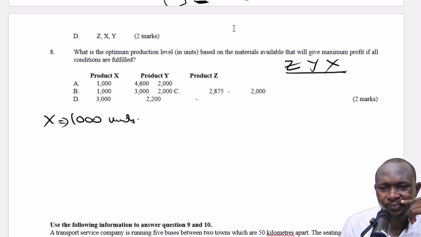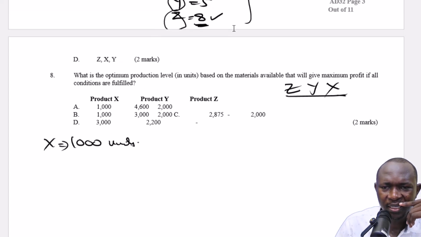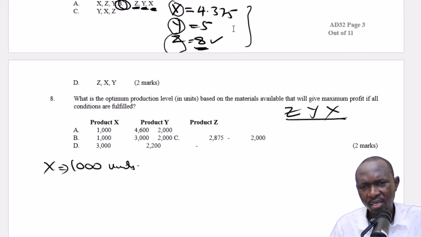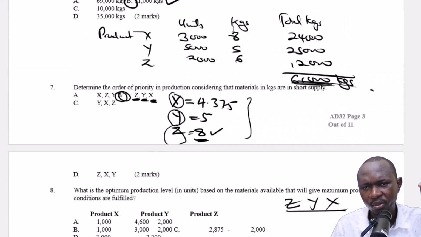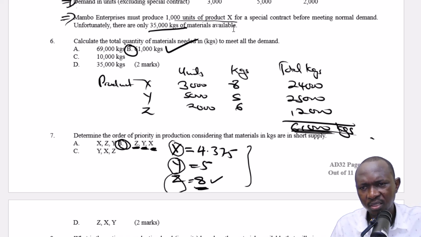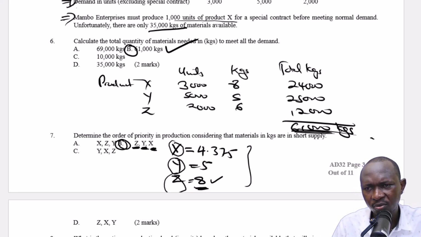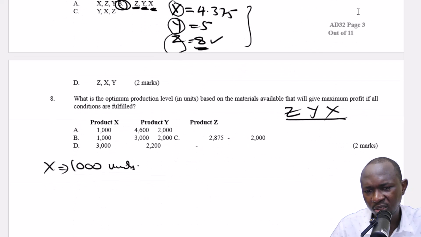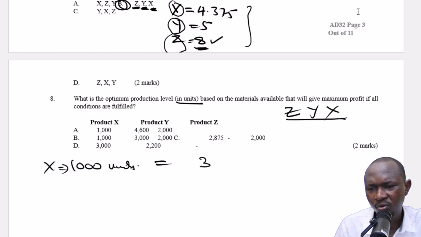The profits that we'll get by producing these 1,000 units will simply be 1,000 units times the contribution per unit, which is 35. Remember, now we are talking about units, not kgs, because the question is interested in units. So the contribution is 35 per unit, which makes it 35,000.